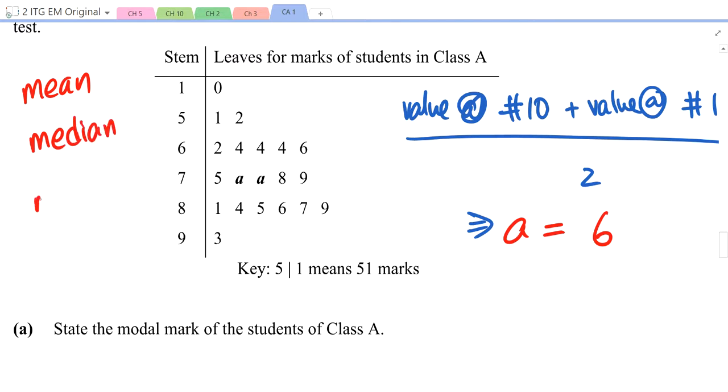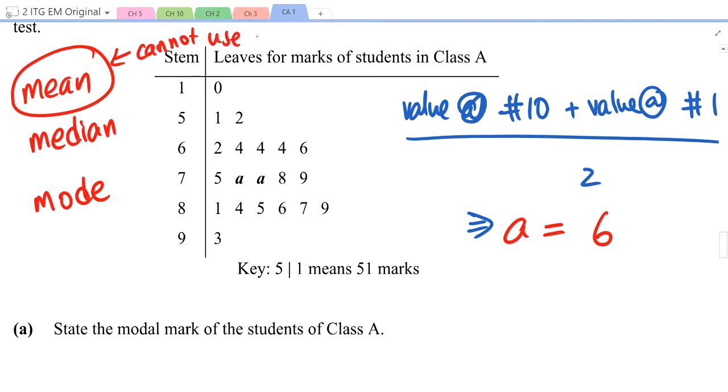Then our final choice will be the mode. Why is the mean sometimes not a good idea? It cannot be used if there are outliers. Okay? So are there any outliers in this case?